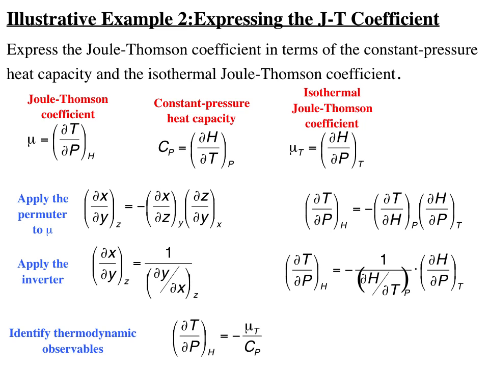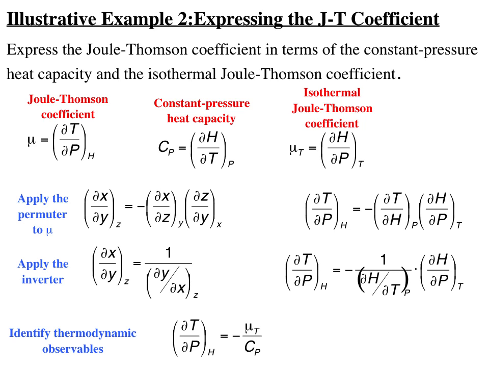So that means dT/dP at fixed H has to equal minus dT/dH at fixed P times dH/dP at fixed T. So that's how I can express the Joule-Thomson coefficient, and then I'm going to apply the inverter to the first term on the right-hand side in my second line there.